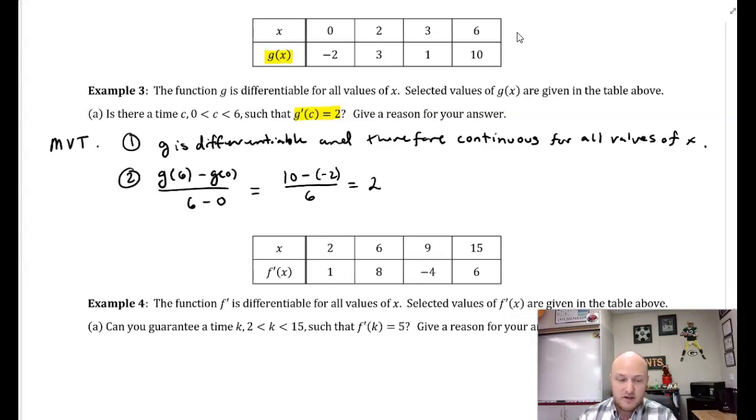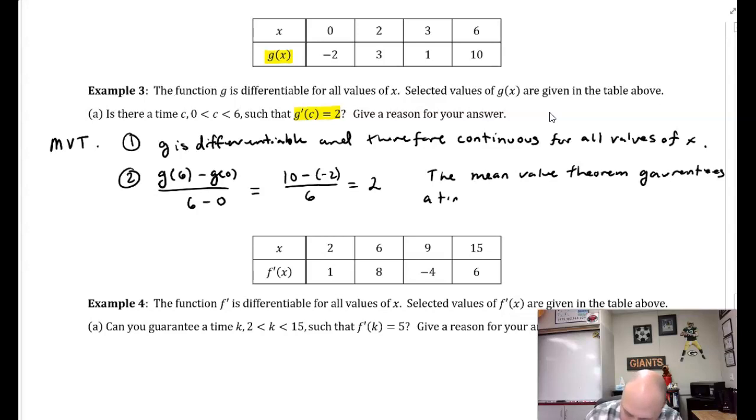So there we go. We now need to write a conclusion. They say give a reason for your answer. So we can say the mean value theorem guarantees a time c for 0 less than c less than 6 such that g prime of c is equal to 2.